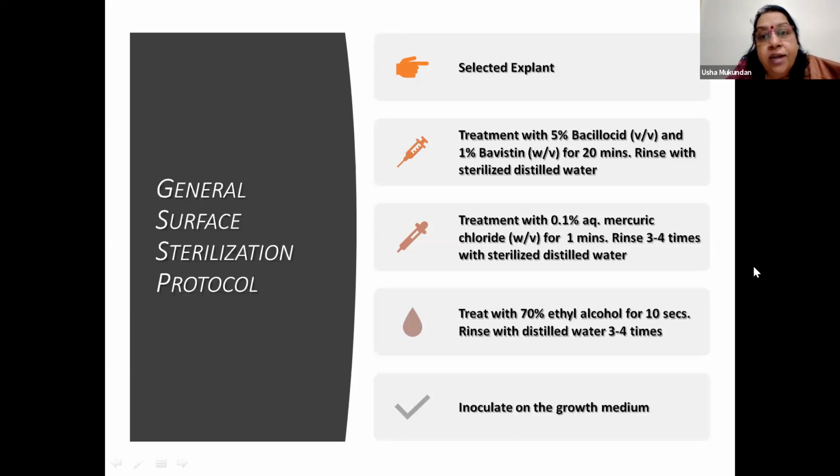So you never use concentrated ethanol. ऐसा नहीं सोचना कि अरे 100% ethanol use किया तो सब तुरंत मर जाएगा. No, it will only take care of the external surface, but inside it is not going to have any effect. Therefore, you require water.